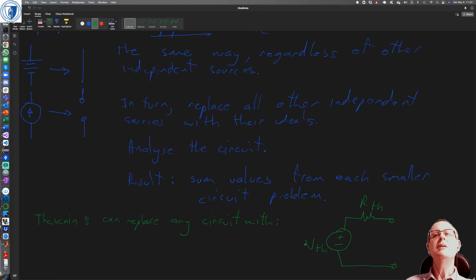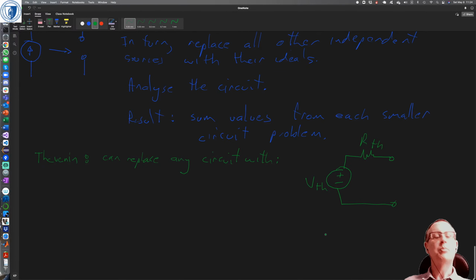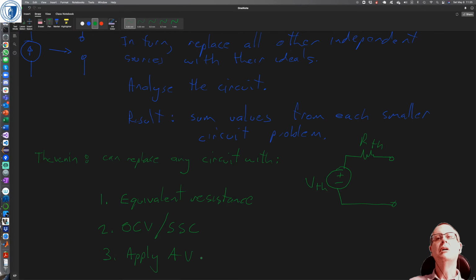And there were three approaches we looked at to find RTH. One of them was the equivalent resistance approach. One of them was the open circuit voltage short circuit current approach, and the other one was the applied voltage approach.